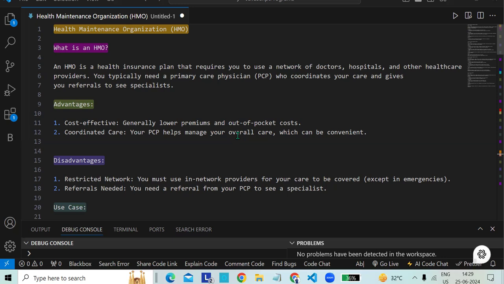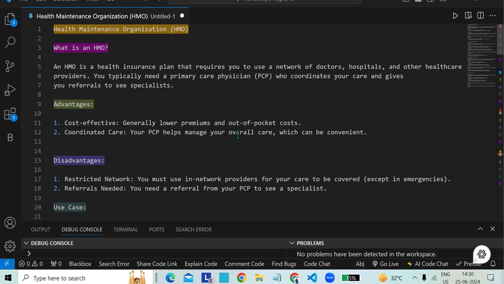When a patient takes the HMO plan, the insurance company will give you the network of doctors you can go to and get treated by, and they will provide you the list of hospitals and other healthcare providers, so you can use the medical benefits with the HMO plan.